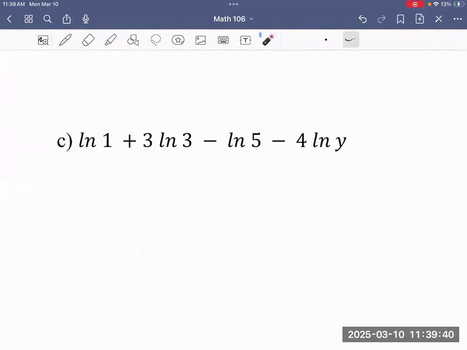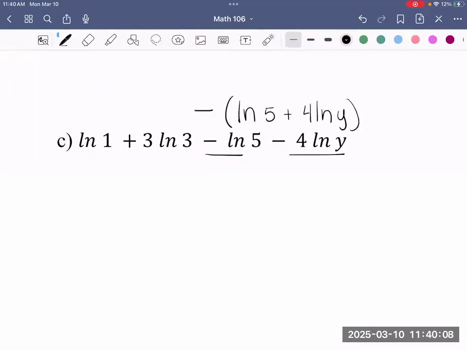Now, if these were kind of out of order, I like to make sure that all of my subtraction signs are going down the row. So if you see a negative sign out here, I would just put it at the end, because what these 2 items have in common is a negative. So I can go ahead and factor out that negative and make it positive.